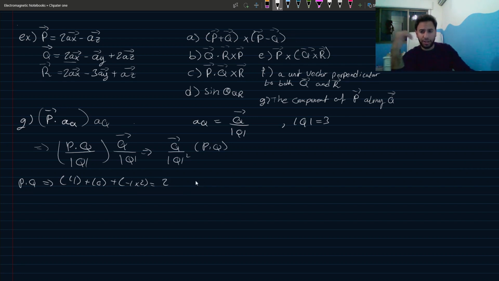We have already done that above. And now we can write it as 2q divided by 9, magnitude squared, and the magnitude is 3, so 3 squared is 9. You can just substitute the vector and multiply by 2 and then divide by 9.